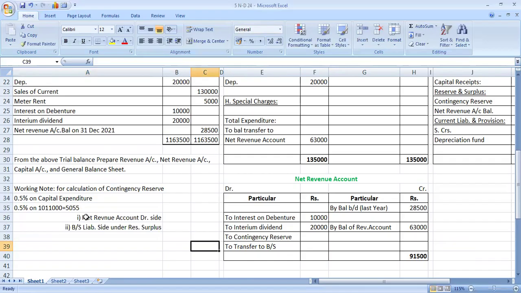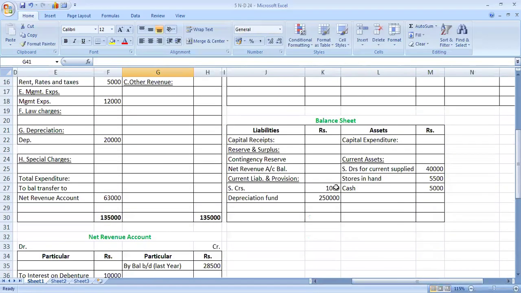Now I am taking this effect: net revenue account debit side, to contingency reserve 5,500, and second effect goes to the balance sheet liability side under the heading of reserve and surplus, contingency reserve 5,500.